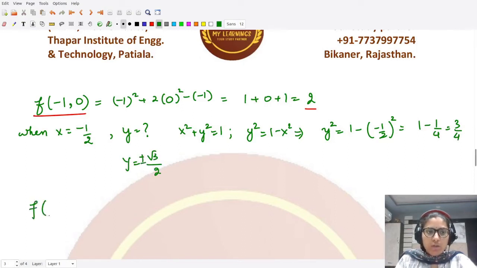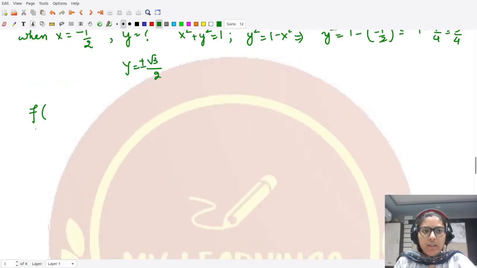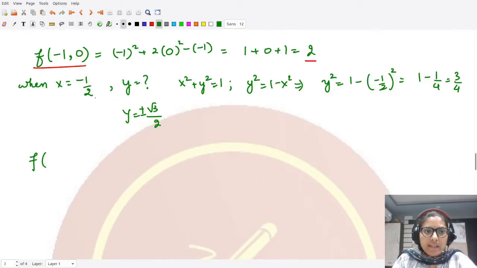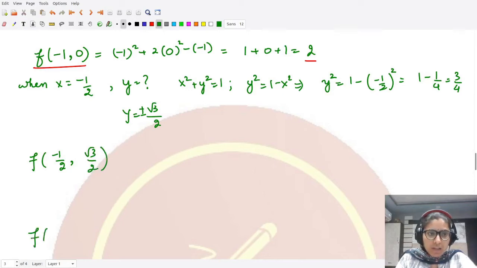You have to calculate the function's value when x is minus 1 by 2 and y is root 3 by 2 positive, and you will be calculating the function's value when x is minus 1 by 2 and y is minus root 3 by 2, right? So let's calculate the values.